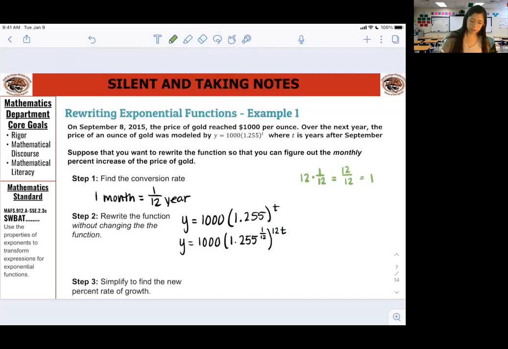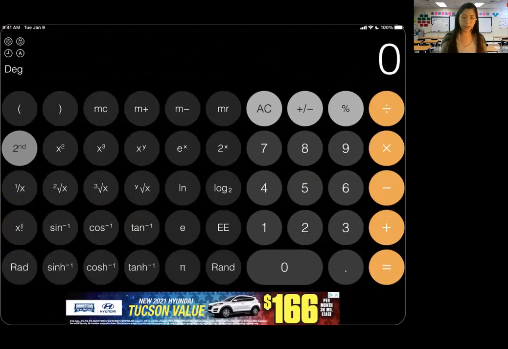Now what I can do is take what's in here, and I'm going to plug just that into my calculator. So I'm doing 1.255 to the power of 1/12. So let me go back over here. 1.255 to the power of 1/12.